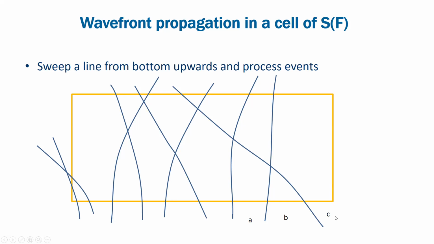A, B, C are the generators, and the blue curves are the bisectors. We need to propagate this wavefront to compute the wavefront on the other 3 sides: left, top, and right. So we sweep a line from the bottom all the way to the top and process all the bisector events. Here, because there are no obstacles, the bisector events are simply the intersections of bisectors inside this rectangle.